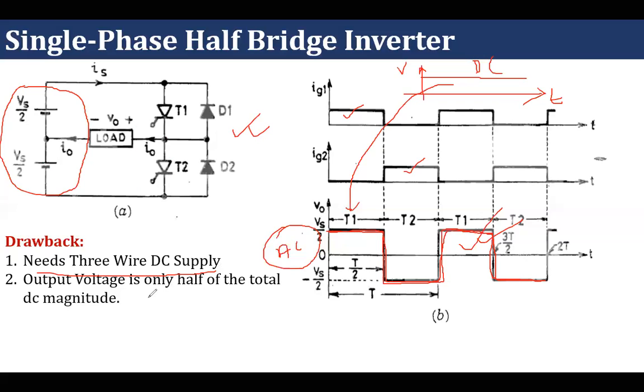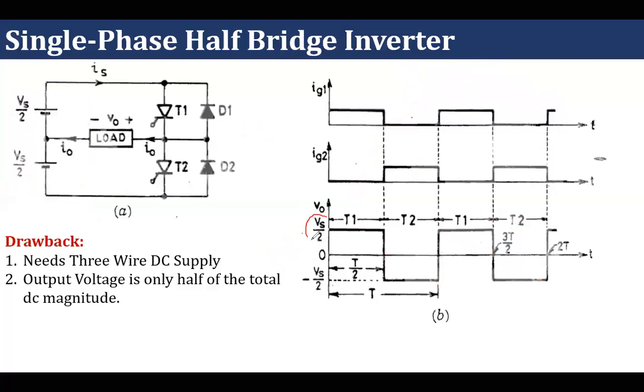The second drawback is at the input side, the total DC value. This is Vs upon 2, and this one is also Vs upon 2. So total DC voltage is equal to Vs. But how much output are we getting? Output is plus Vs upon 2 and minus Vs upon 2.